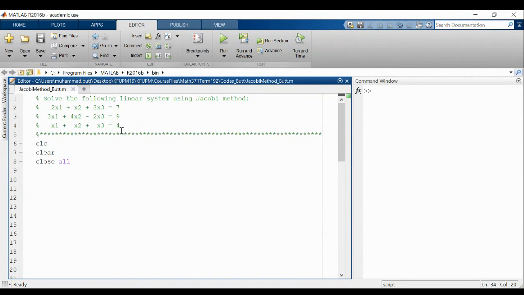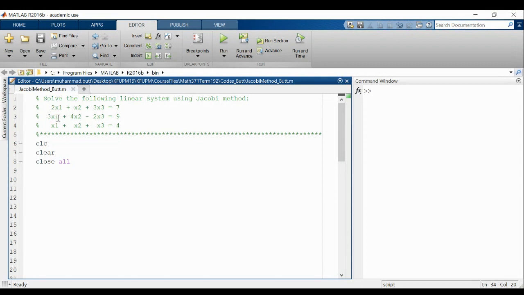So in principle, when you have a question like this, first you have to check whether the system will converge or not. And one of the criteria that you have learned in the book is to check whether the system is diagonally dominant or not. So what is meant by diagonally dominant? I ask you to please check on Google, or if you know it very well. The diagonal elements are 2, 4, 1.